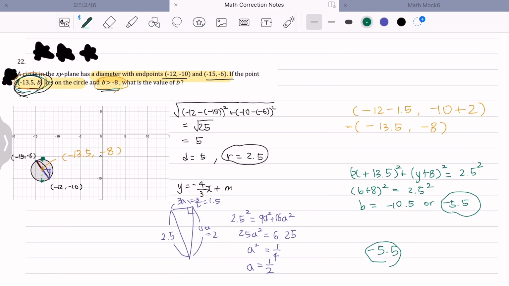This question was hard because usually the circle question gives us all the equation that we need. But in this question you have to find out what the center is. Is it the center or is the other value the center? Then after we check this is the center, we have to find out if b is the same value as the center or not.